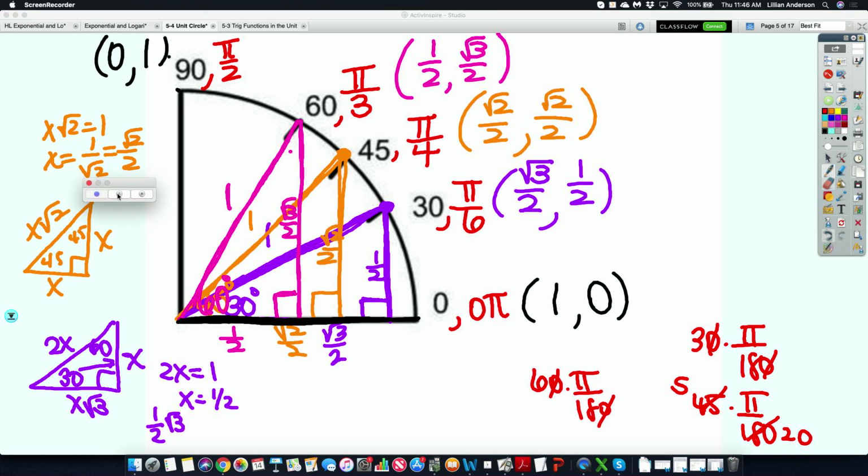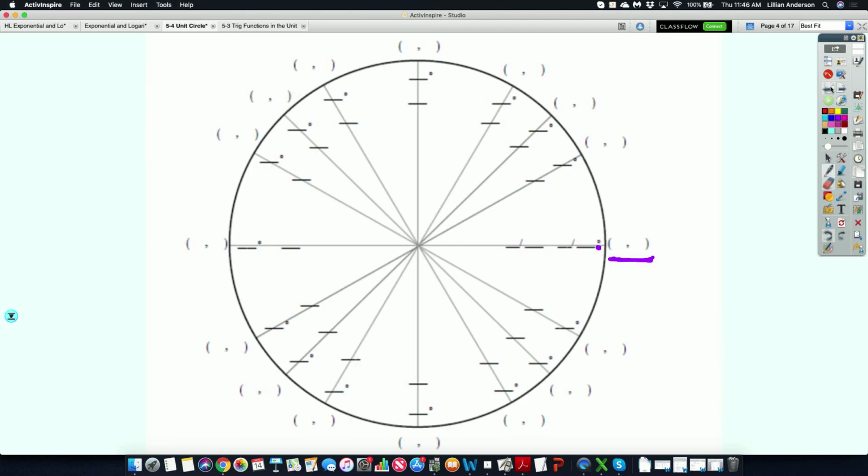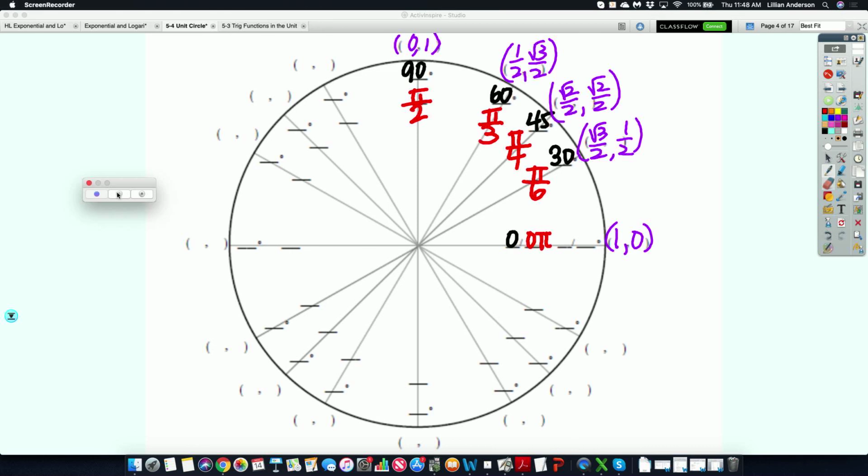So I'm going to go back to this big unit circle that I have, and I am going to fill in the first part, the first quadrant of my unit circle. So let's derive the rest of our unit circle. Like I said before, every other quadrant is spaced out the exact same way that the first quadrant is spaced out when it comes to the degrees and when it comes to the radians.